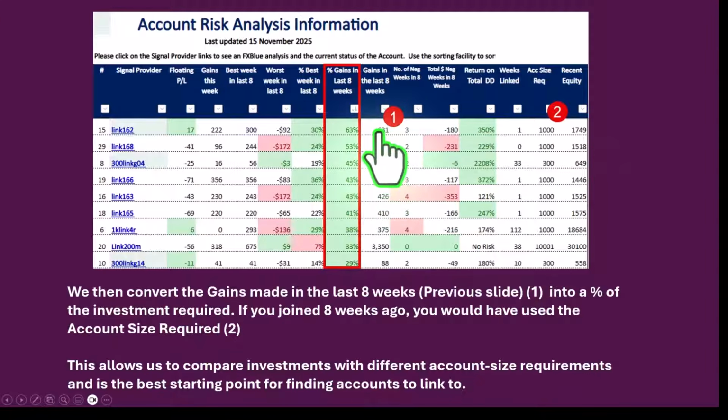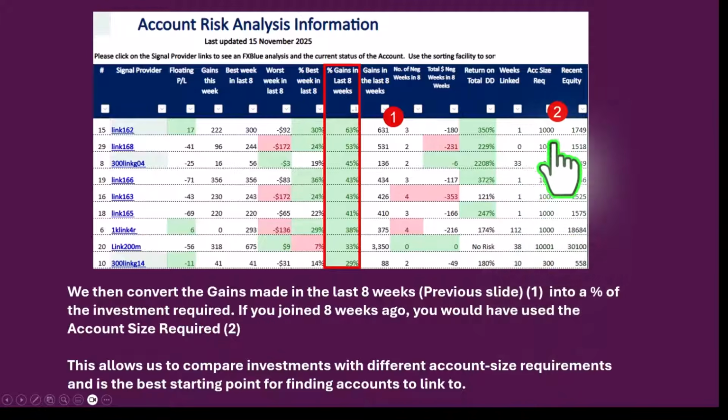That balance, although it's a lot smaller than that, is 45%, because it's being related to a $300 account. That balance over there, that's much bigger than that one, is less because it's 43%, because it's related to a $1,000 account. And why we do that is that if you were to join the service, you would be joining at the account size required.